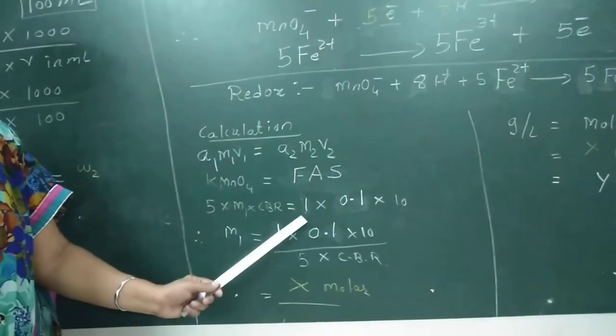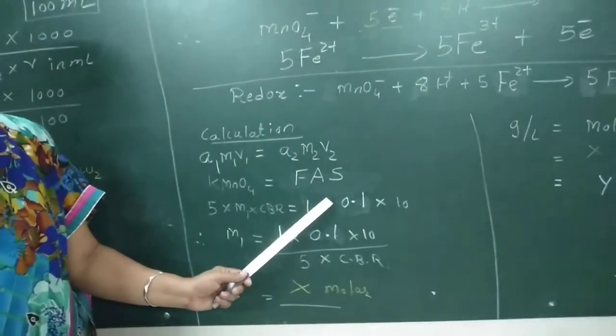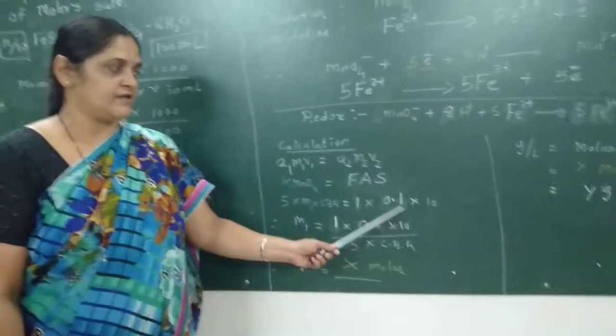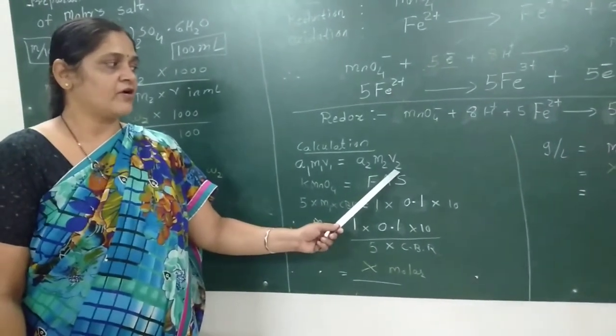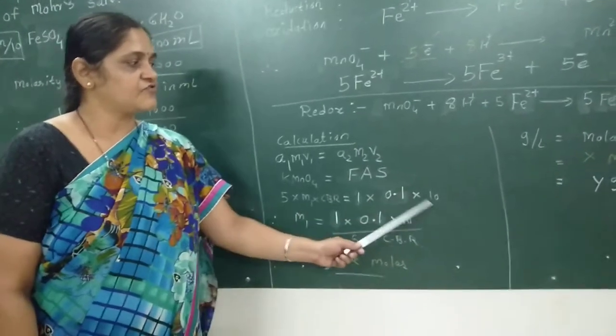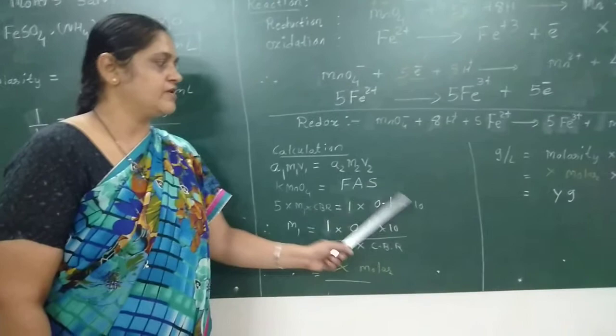So the A2 value is 1. Then the molarity of the ferrous ammonium sulfate solution given to you is M by 10, that is 1 upon 10, equal to 0.1 molar, and the volume is whatever you have pipetted out, which is 10 ml. So the value of V2 will be 10.